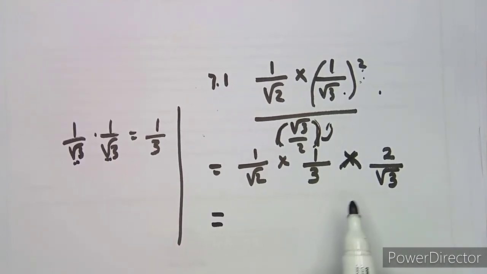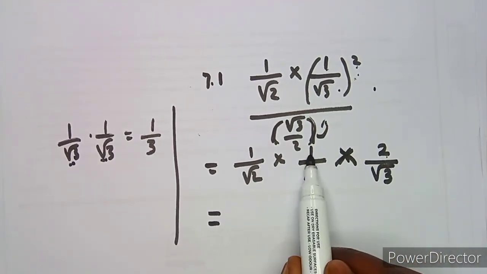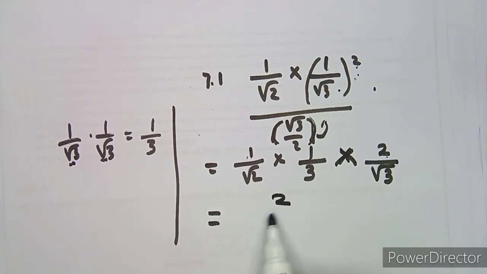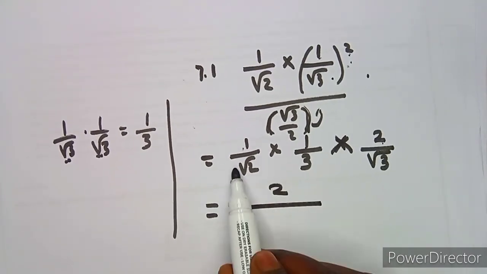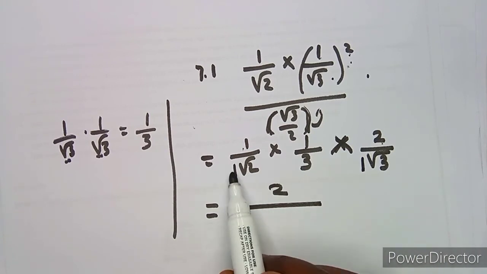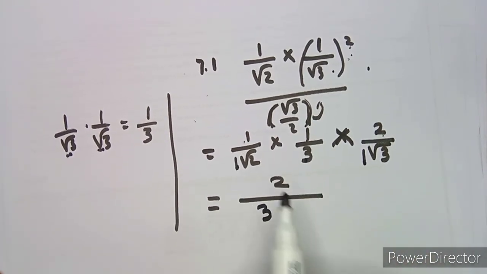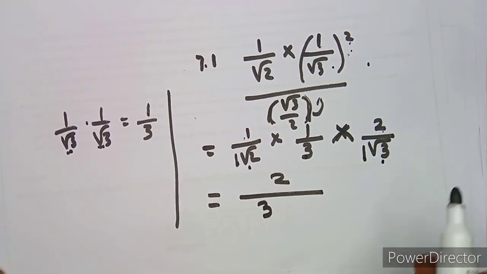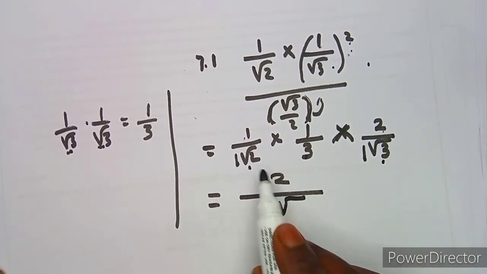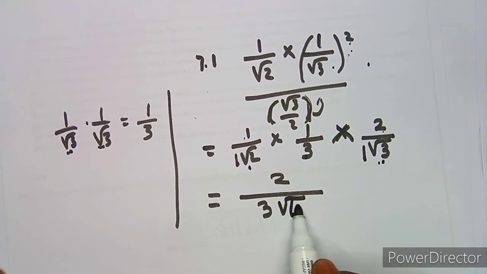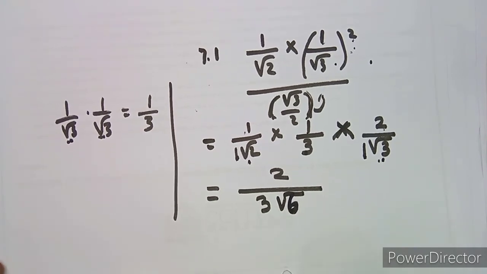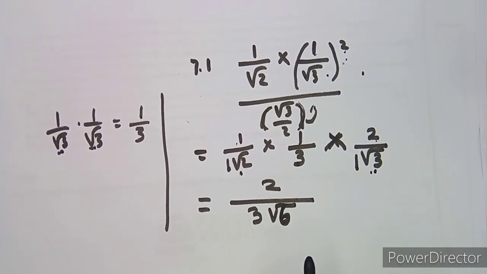That means we can have 2 times 1 times 1, which is 2, over 1 times 3 times 1, which is 3, square root of 2 and square root of 2, which is square root of 6. So it's 2 times 3, which is 6. So you can actually write it like this, depending on what they are.